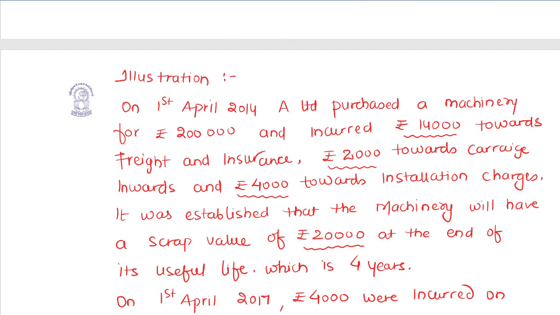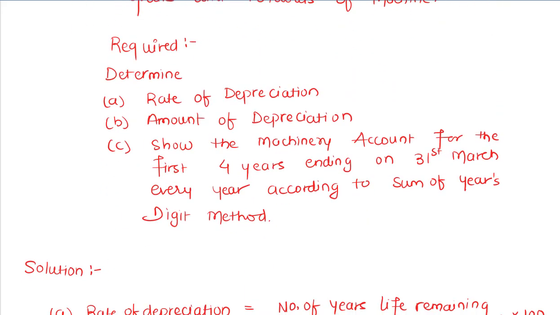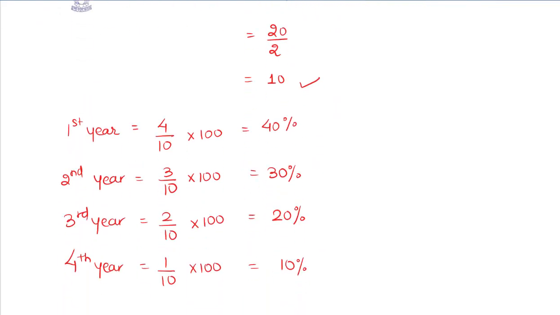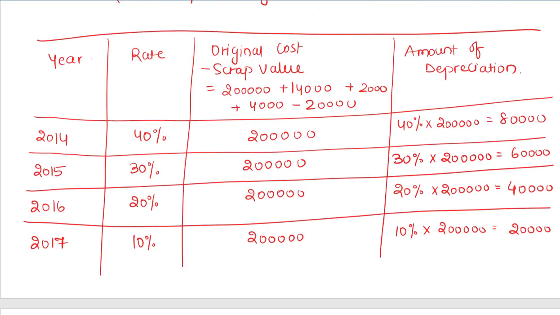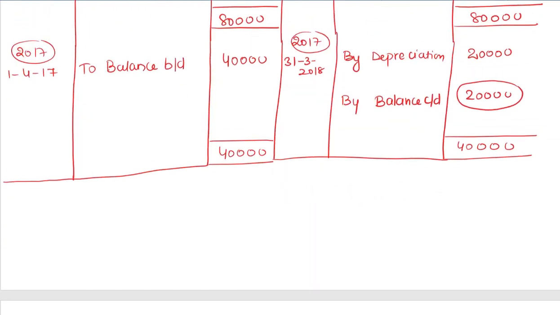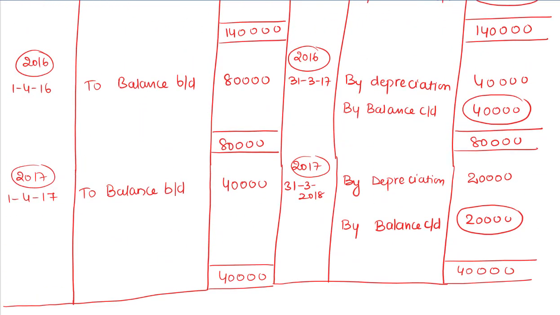And at last we have done a huge sum, calculating the rate of depreciation, the amount of depreciation, and also making the machinery account. I believe you are quite clear till here.